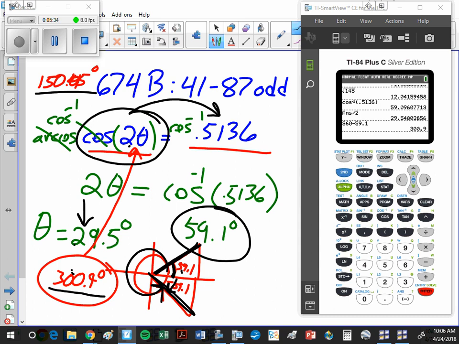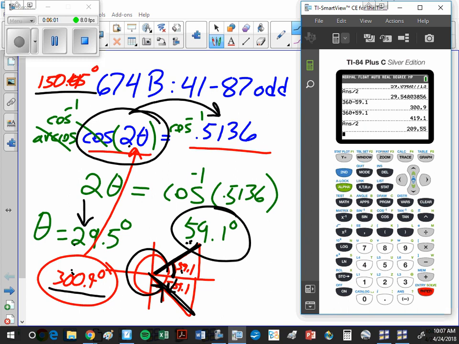Okay. Are there any other angles that you can cut in half and still land in one rotation? The next one would be 360 plus this, right? 360 plus 59.1. If I cut that in half, then I get 209.55.